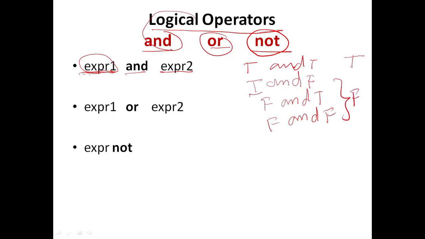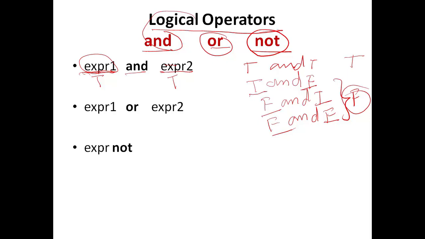So if expression 1 evaluates to true and expression 2 evaluates to false, or false and true, or false and false, the answer will be simply false. And you can say if both expressions evaluate to true only, then only the answer will be true.